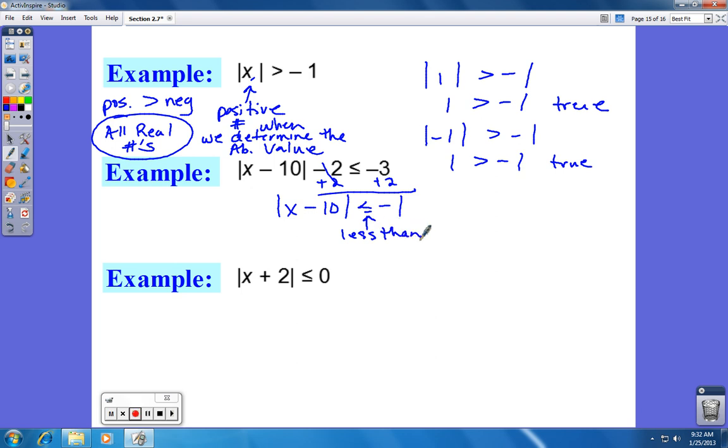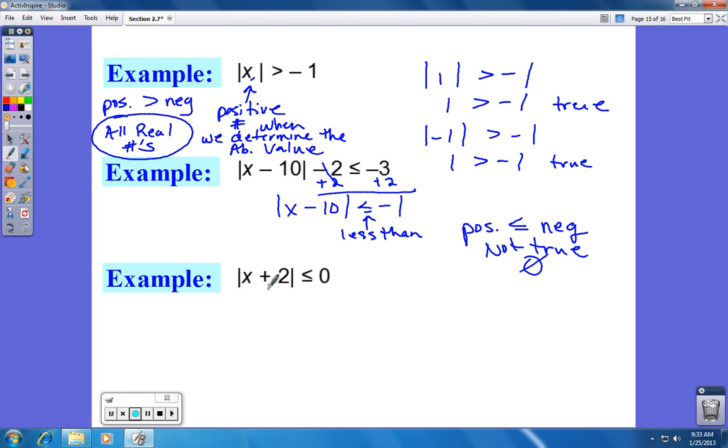Well, let's think about what we did here. We said that positive is greater than a negative. Positive in this case would be less than or equal to a negative. Is this true? This is not true, because a positive number will never be less than a negative, so this particular solution will be no solution.